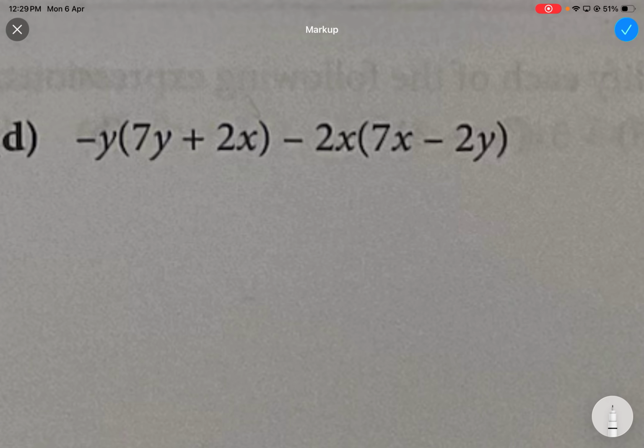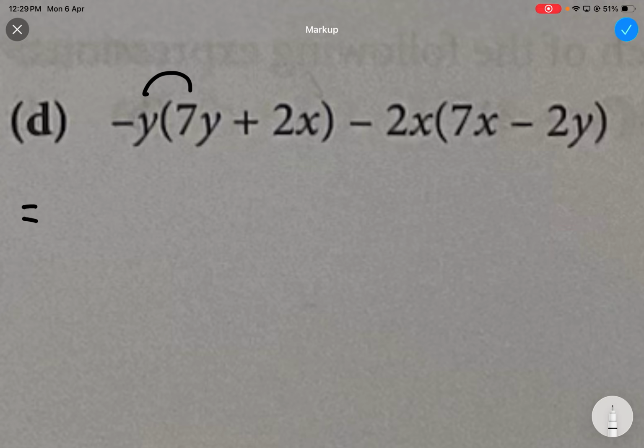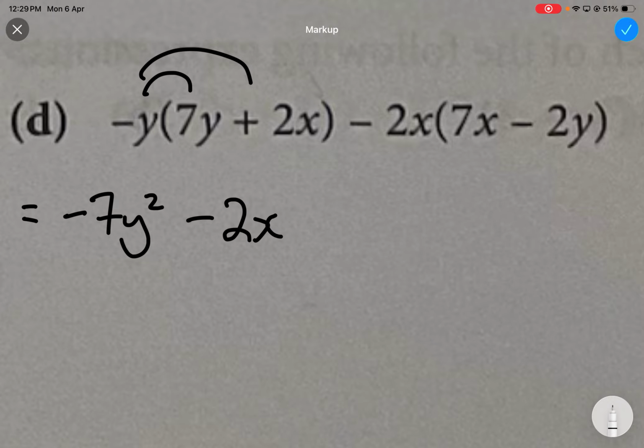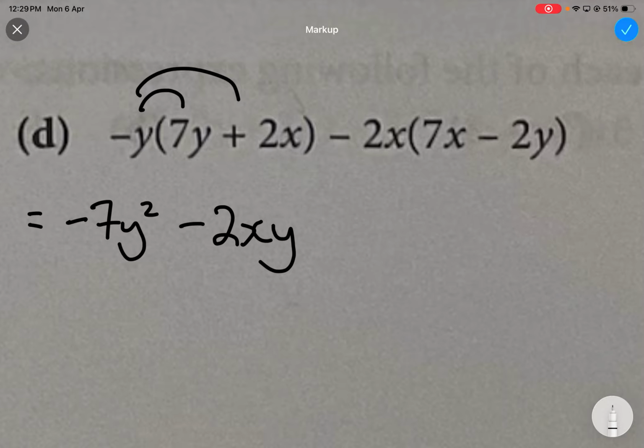We do the expansion first before the subtraction. So minus y times 7y. Negative, positive, negative. Negative but times positive again, negative. Then here, the expansion must come first, then I minus. So 2x times 7x, 14x squared. So I need to minus the 14x squared. 2x times negative 2y will be negative 4xy.